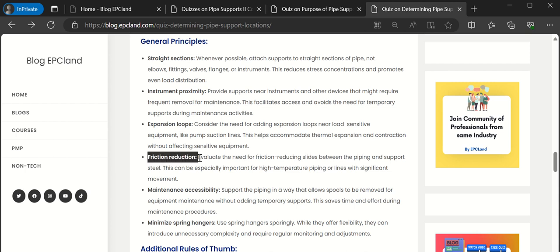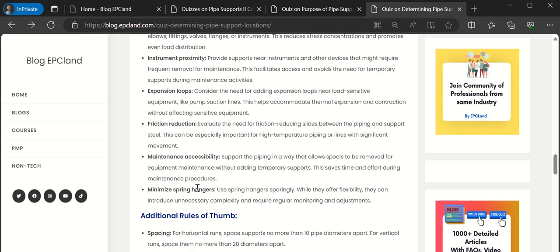The fourth principle, an important one, is friction reduction. We always try to minimize the friction within the system, right? First we need to evaluate the need for friction reducing slides between pipe and support.